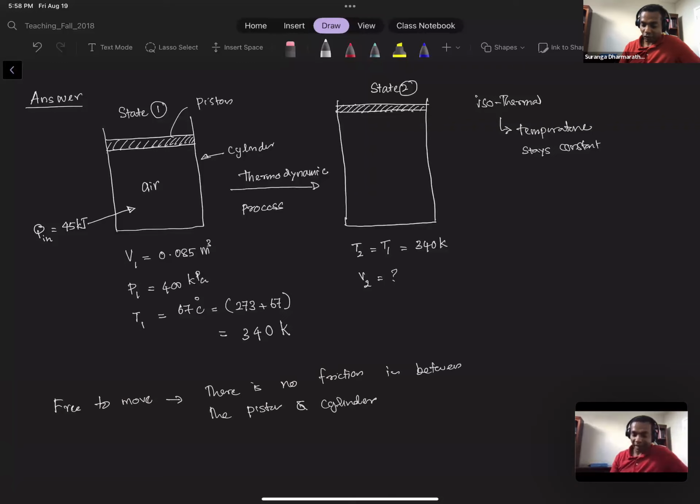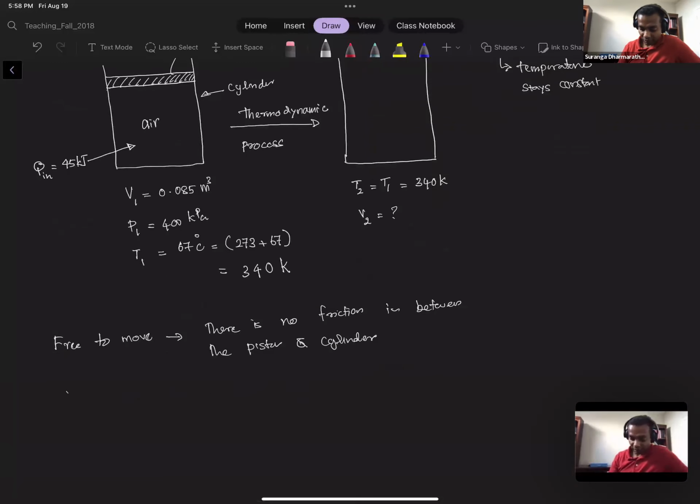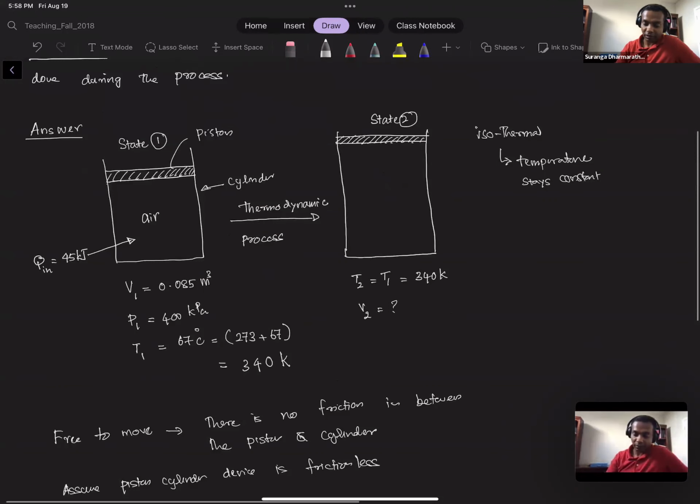So our first assumption is to assume the piston cylinder device is frictionless. So we assume that there's no friction in between the piston and cylinder.